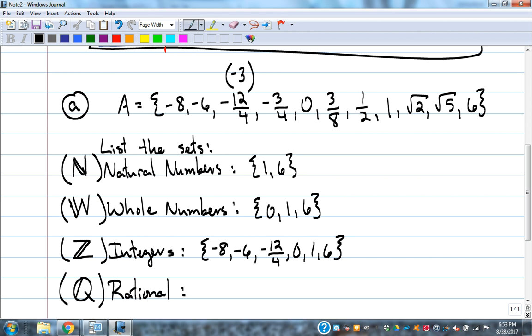So if you're a rational number, that means you can be written as a fraction. So that would be adding which ones to the integer set? It'd still be there because it's written as a fraction. Negative 3/4 is a fraction. 3/8 is a fraction. 1/2 is a fraction.